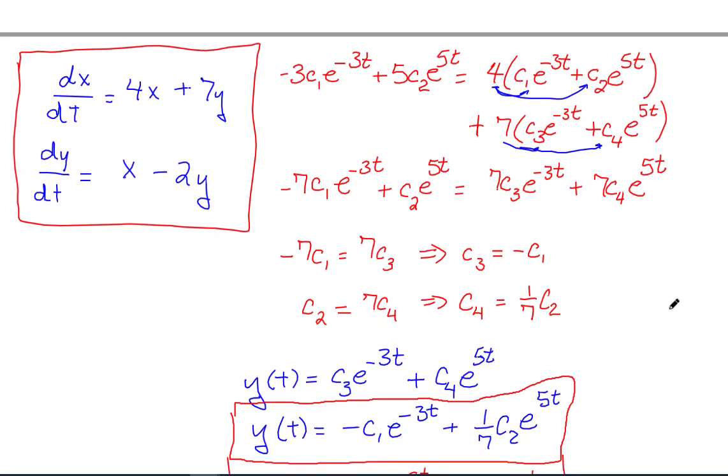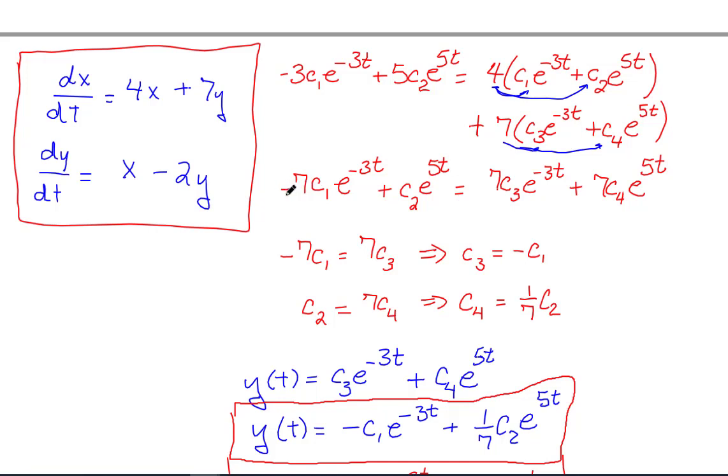All right, so here is my original system. What did I do? I took the derivative of my x solution, so that's here, equals 4 times the x solution plus 7 times the y solution. All right, so now my goal is to match things up.